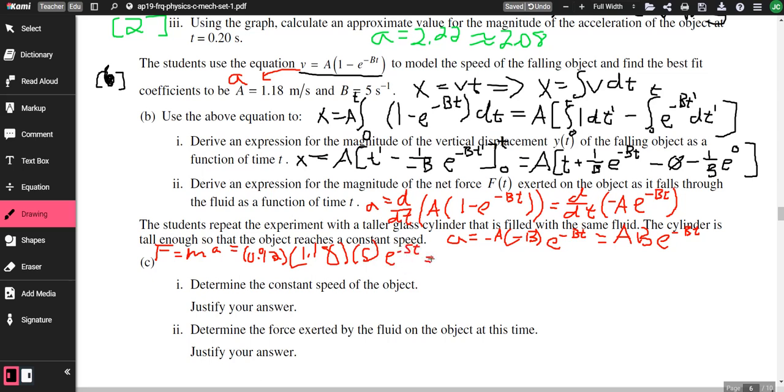Plugging this all in, 0.012 times 1.18 times 5 gets me 0.071 e to the negative 5t. So this would be my final answer.